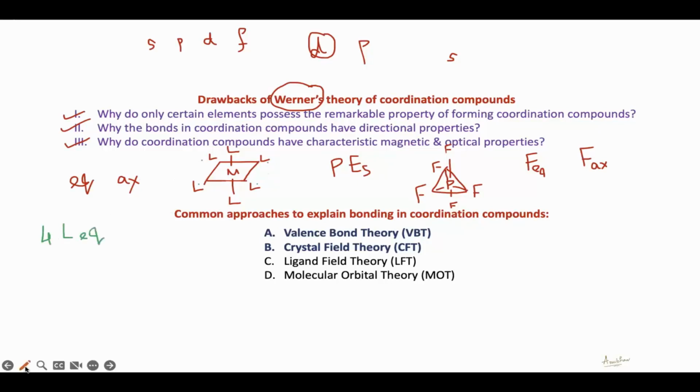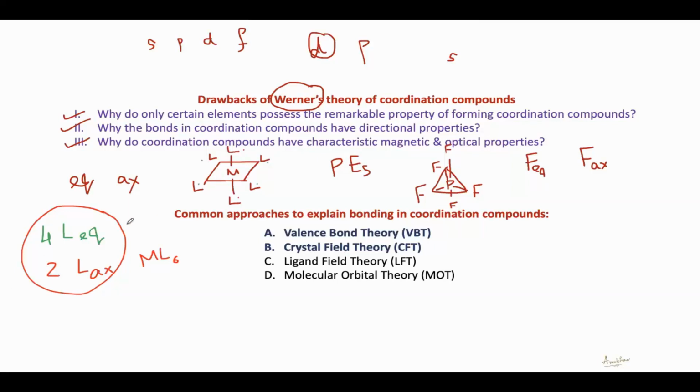And the other two L's on the red dots, this L and this L, are the two axial L's. This is the directional property of the ligands in a coordination compound with general formula ML6. That is not well explained by Werner's theory of coordination compounds.